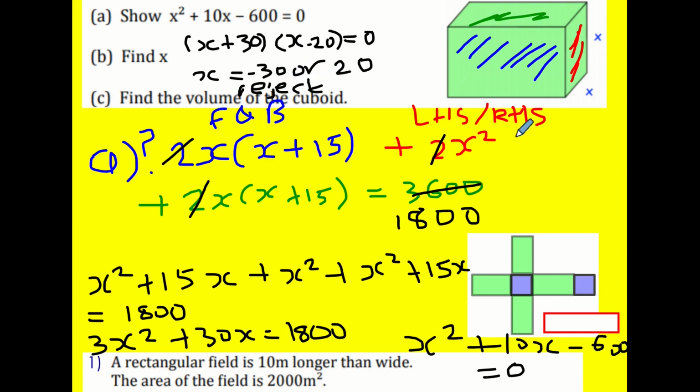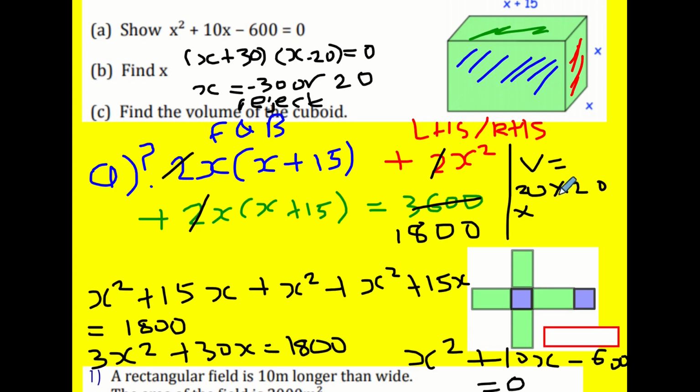And then finally, this is part C, the volume is going to equal 20 times 20 times x plus 15, so times 35. And I'm not sure what that actually gives. 14,000. Okay, that's what I did earlier. That looks about right. So we can find the volume of the cuboid as a result.